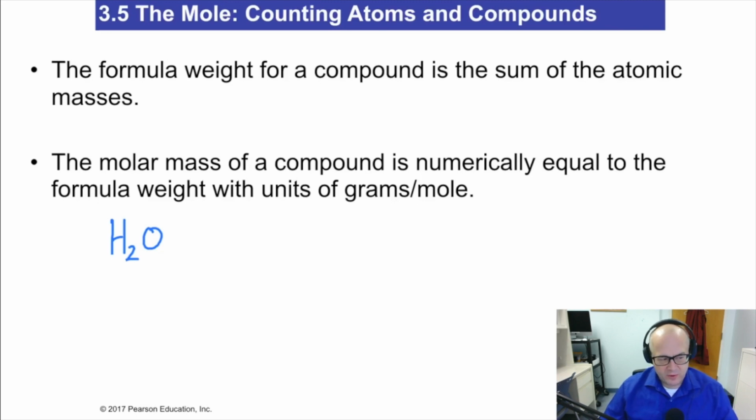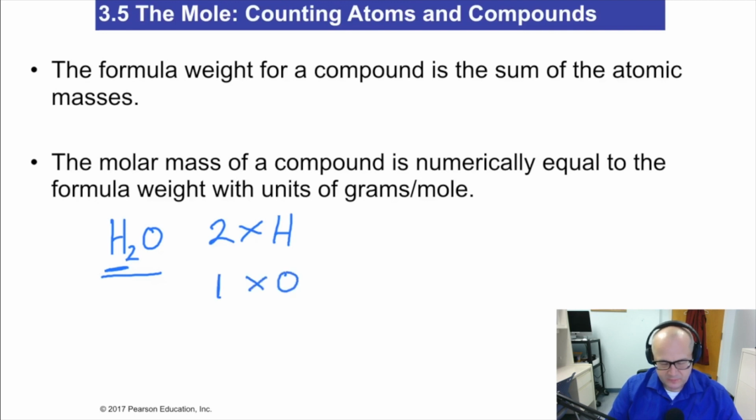Same thing with water or any molecule. The molar mass of water is the sum of all the molar masses of all the atoms. For example, it's 2 times hydrogen, right? There are 2 hydrogen atoms in water and 1 times oxygen. These are the constituent atoms that are making up the water molecule.